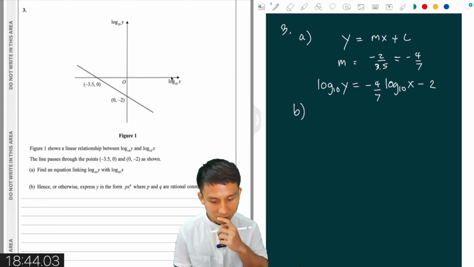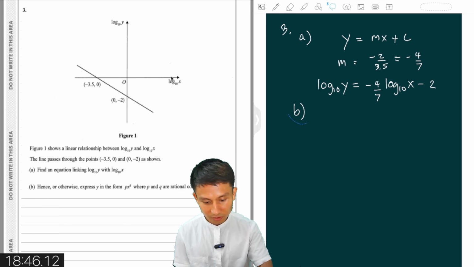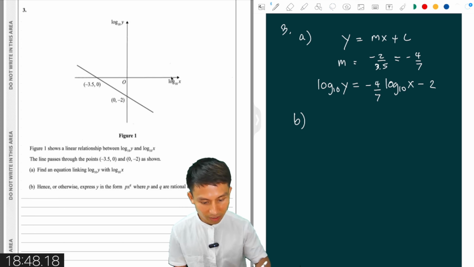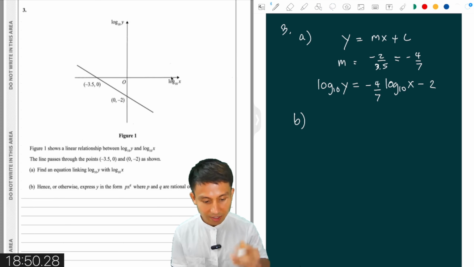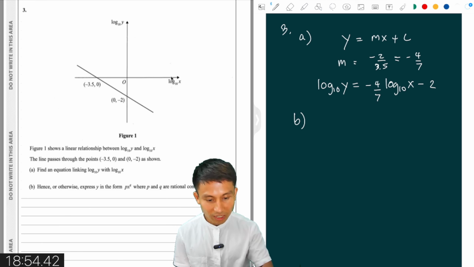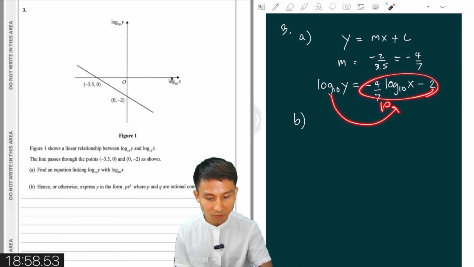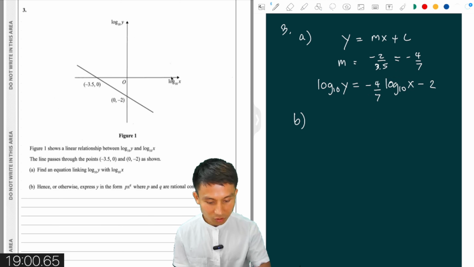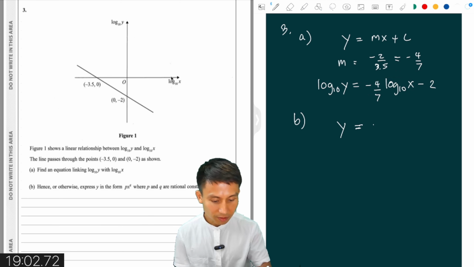So how do we do that? Well, we're going to just use a log property here. We can undo the log 10 by putting 10 to the power of on the right hand side. Yeah, so y equals 10 to the power of all that.